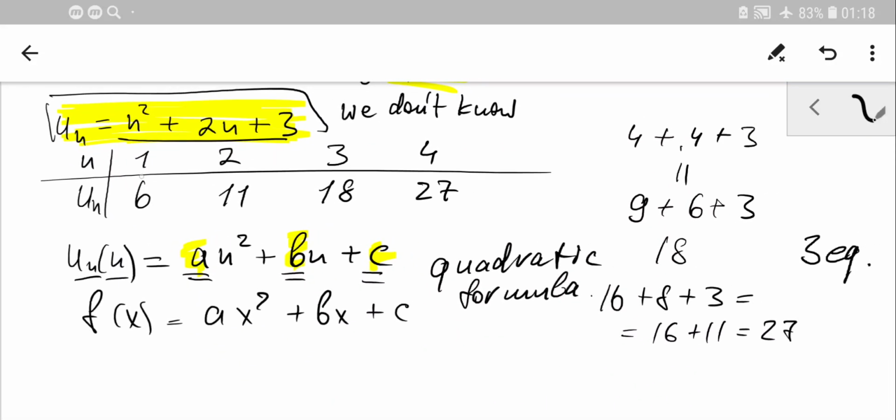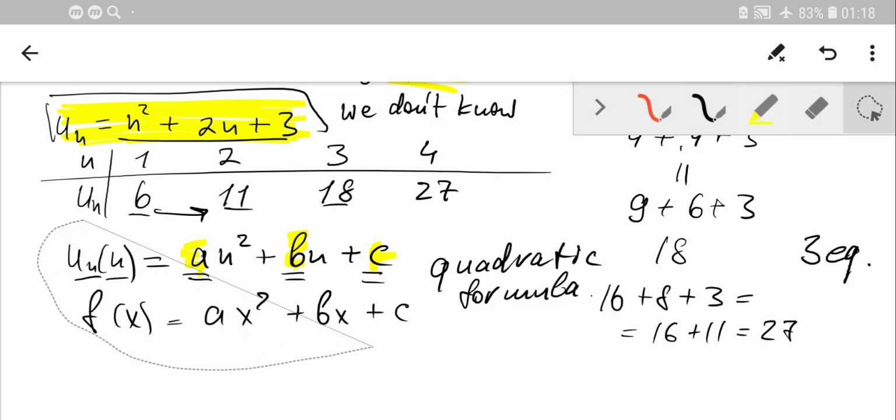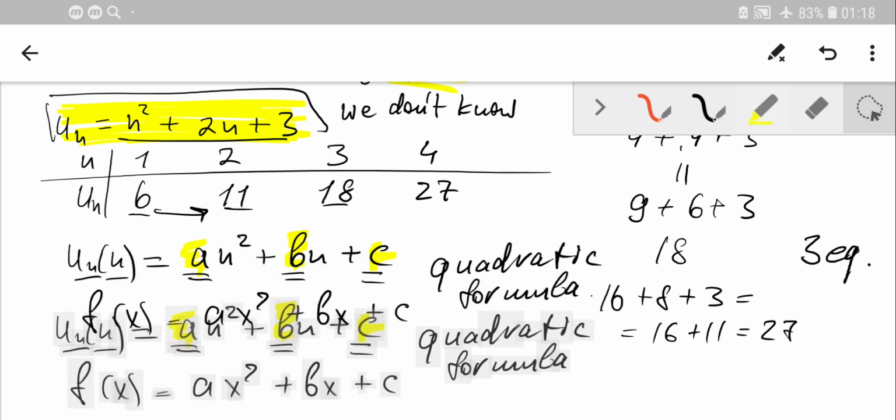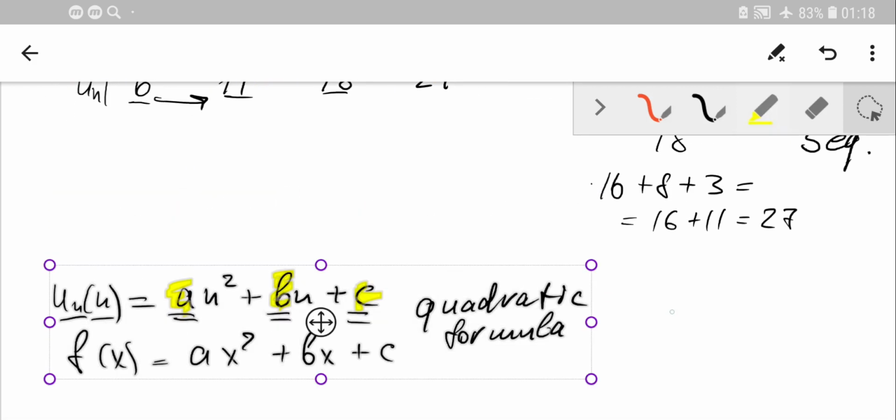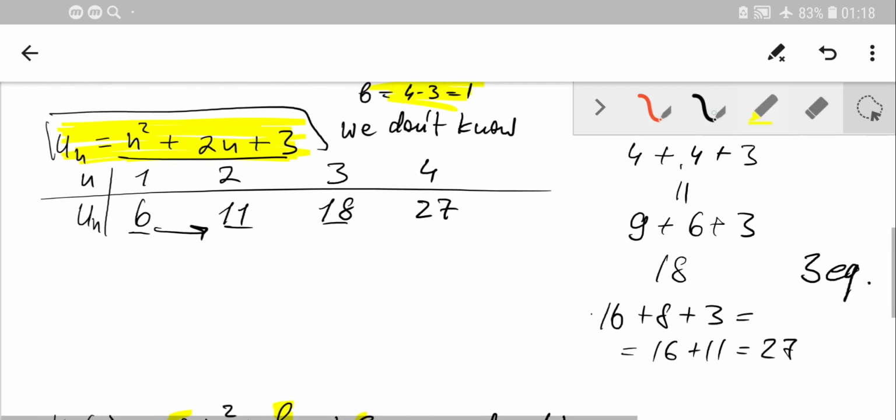Okay, we have several terms, we know the values, and we'll try to figure out the difference between them. All right, so let's define the difference. And just transfer this part a little below, so that we have enough space. Now we're trying to figure out the difference between elements.